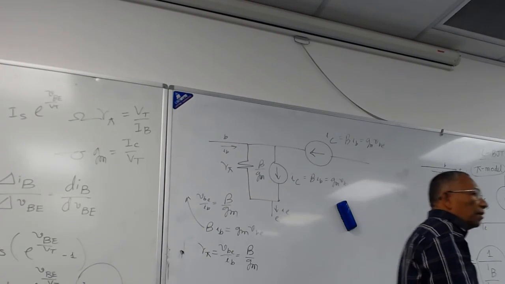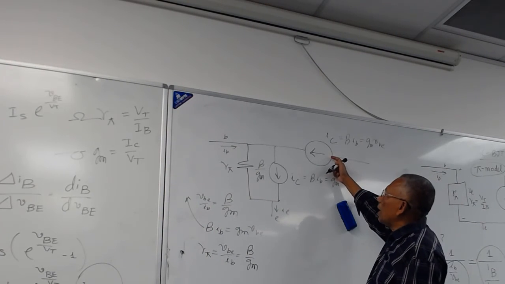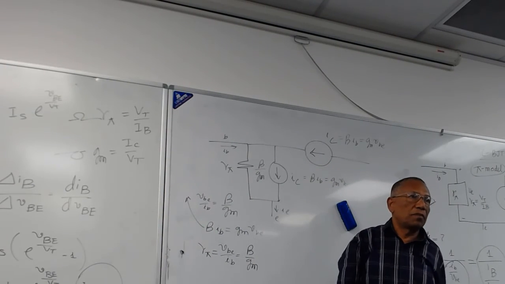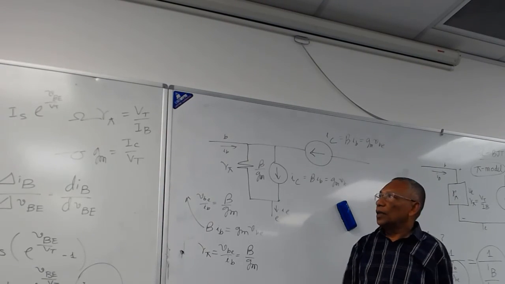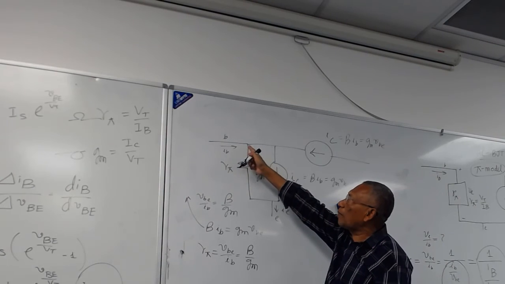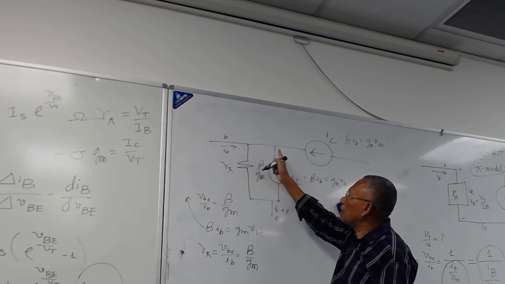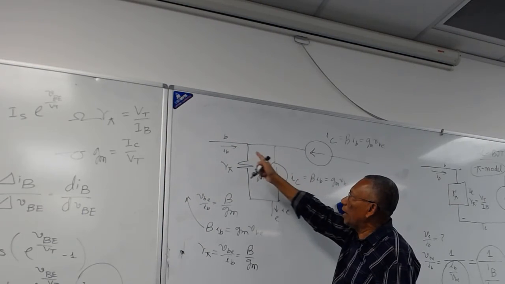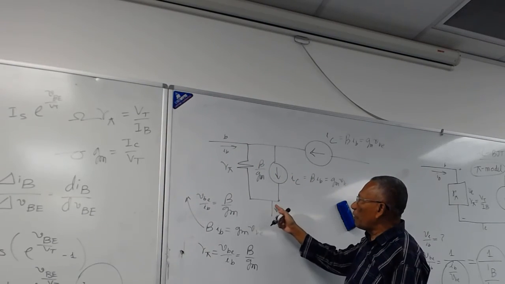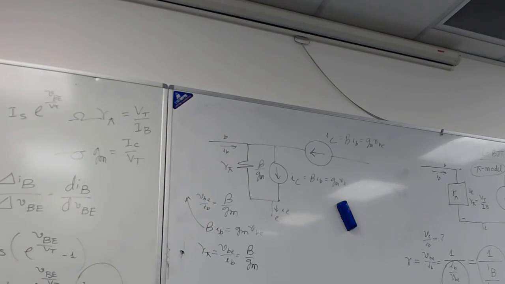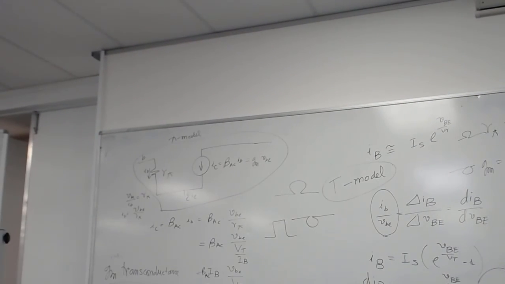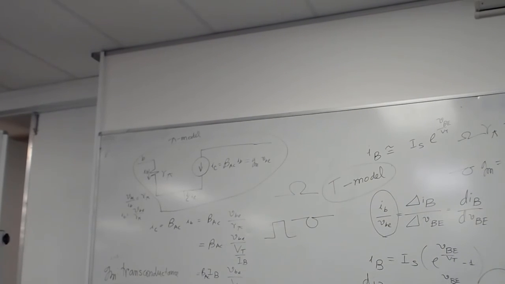Did I disturb anything? Take the current source, give it here, and take it away. Does it change anything? Kirchhoff's current law doesn't change here, because if you take the sum of the currents here, this current plus this current equals this current. Base current plus collector current is the emitter current, IE.